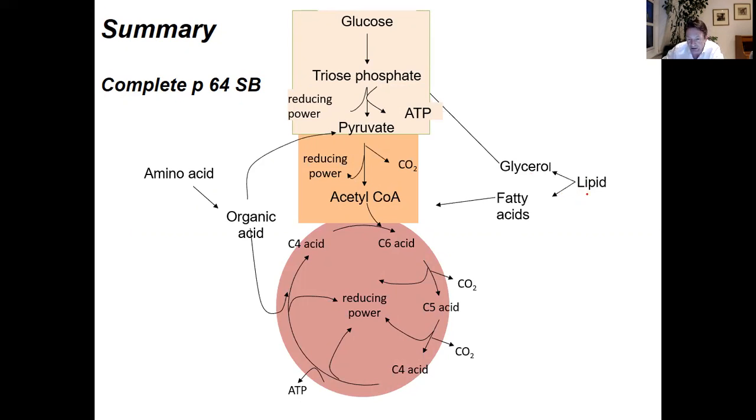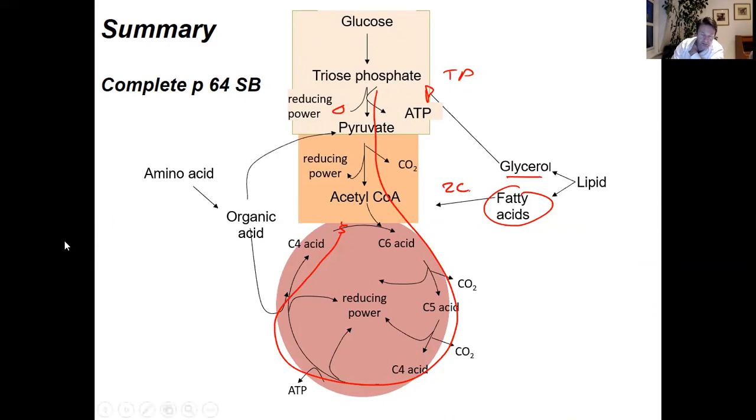The lipids are hydrolyzed to give you glycerol, and the glycerol is then phosphorylated to form triose phosphate, which then produces NADH and goes into the link reaction and the Krebs cycle. Fatty acids are hydrolyzed to produce 2 carbon fragments. That 2 carbon fragment then enters the Krebs cycle.